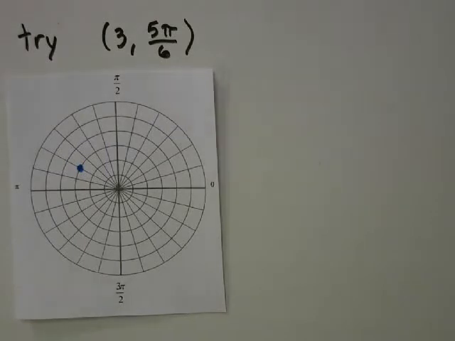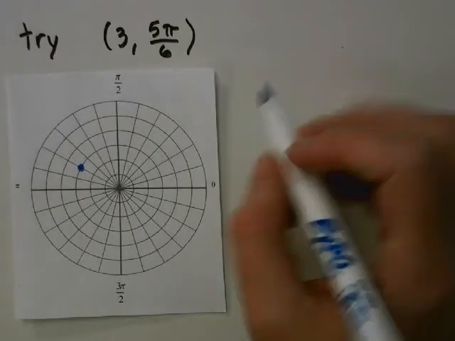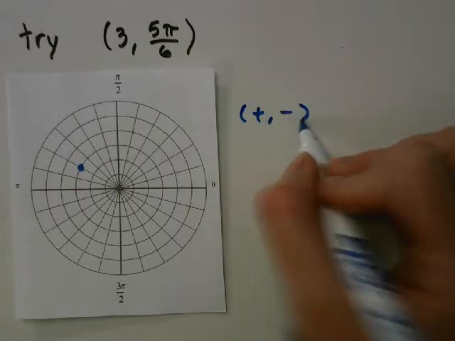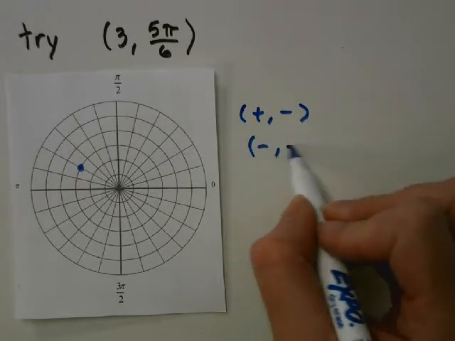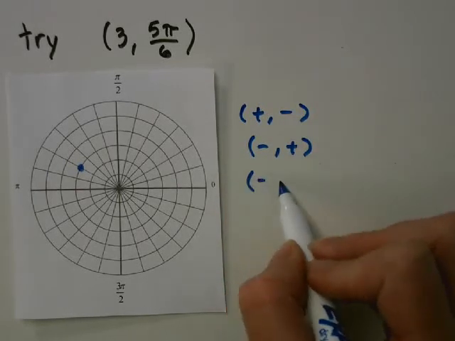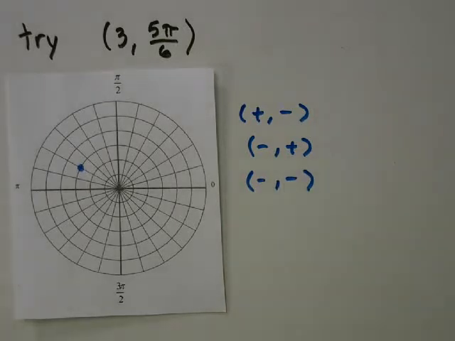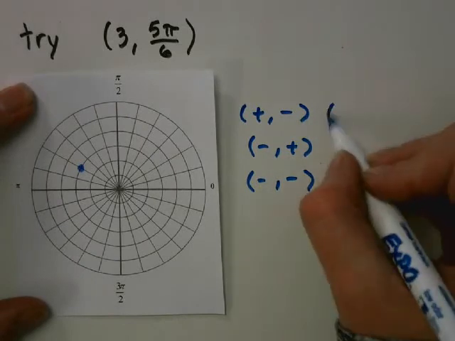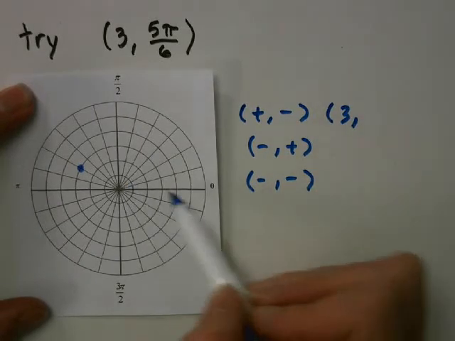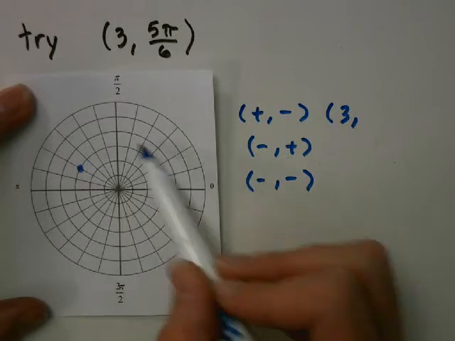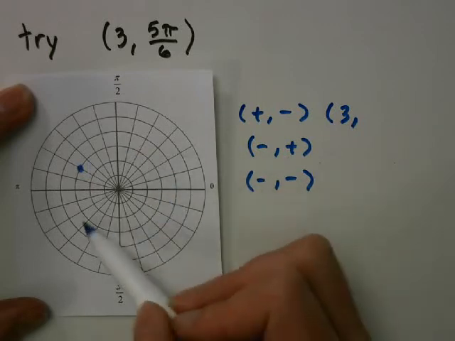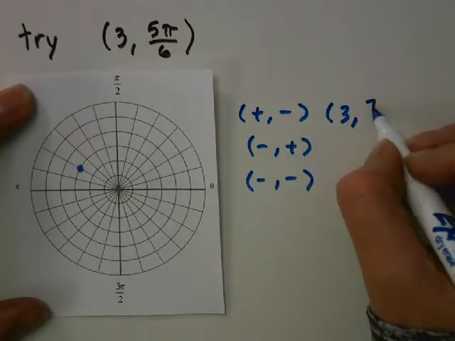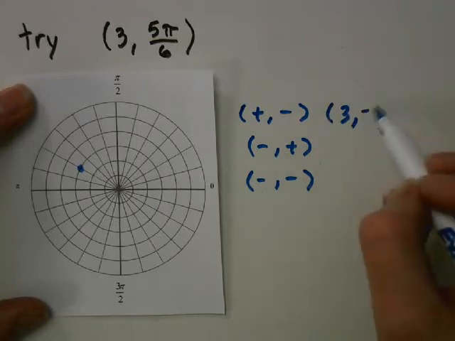So I want to do the same thing where I want the positive negative, negative positive, and negative negative. All right, so for positive negative, my r will still be 3, but rather than going this direction 5 pi over 6, we're going this direction -7 pi over 6.